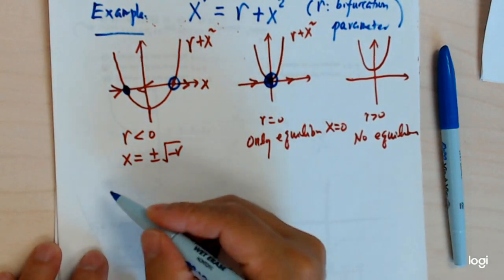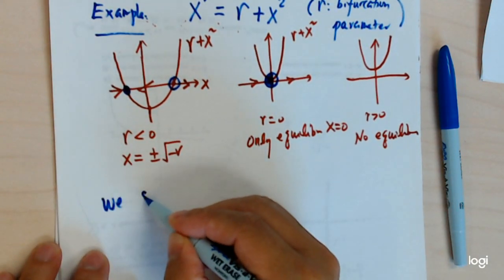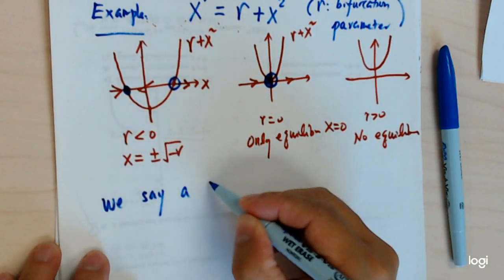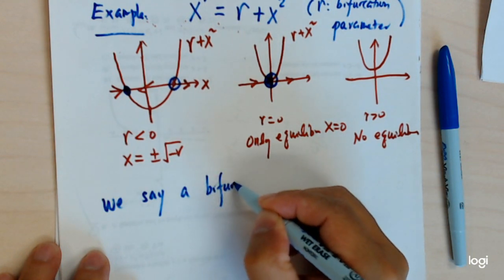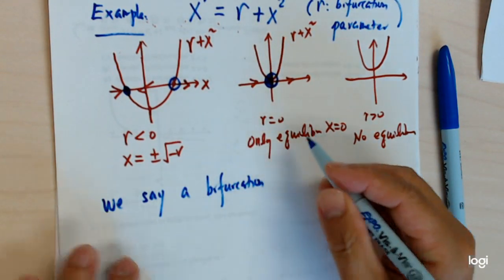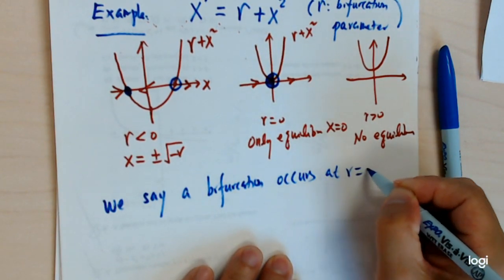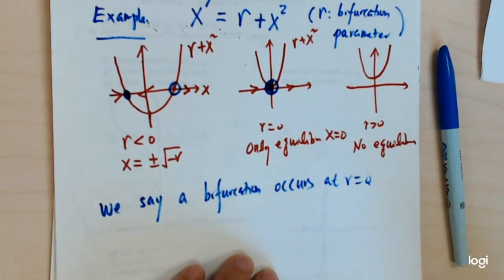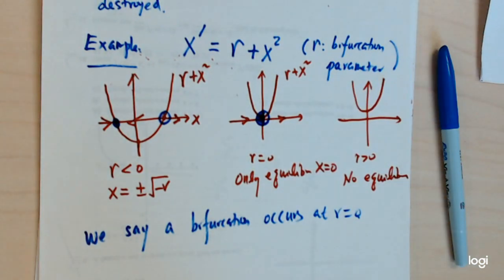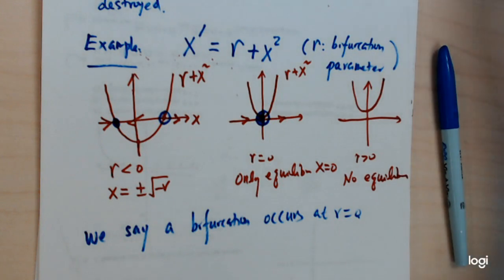We say a bifurcation occurs at r equal to 0. Bifurcation is a huge change in the behavior of the system. It has gone from 2 equilibria to 1.